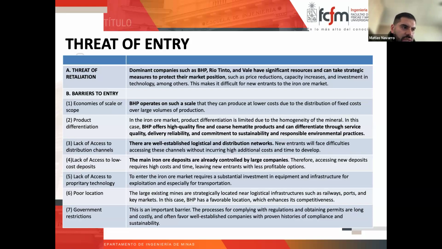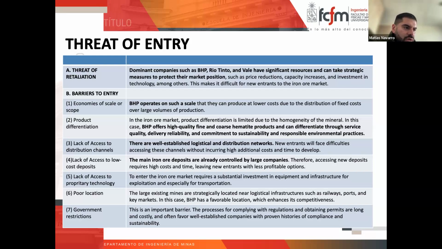Specifically, we can say about the threat of retaliation that dominant companies such as BHP, Rio Tinto, and Vale have significant resources and can take strategic measures to protect their market position. On the other hand, BHP operates on such a scale that they can produce at lower cost due to the distribution of fixed cost over large volumes of production.